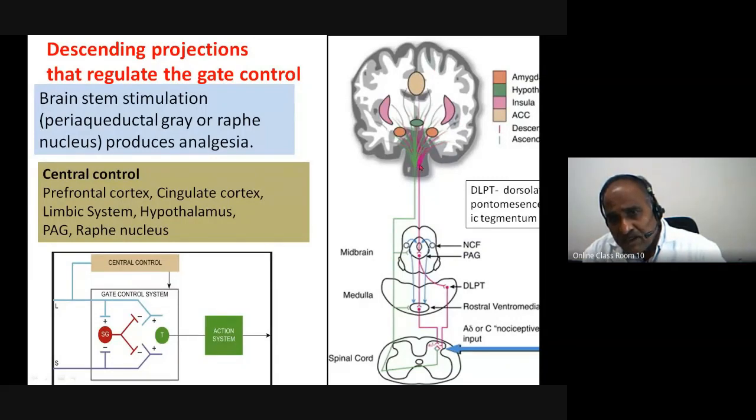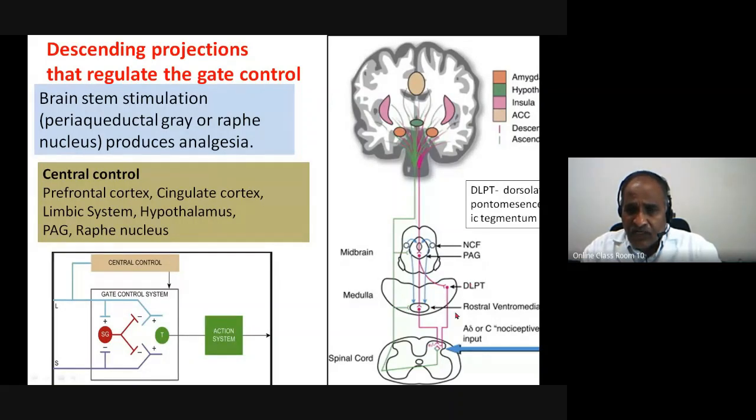Now this pink part is the descending projections. You see the descending projections coming from the hypothalamic area, from this insular cortex, partly from the anterior cingulate cortex, and all these descend down. It is a funneling effect. It funnels down to the periaqueductal gray. From the periaqueductal gray, this will be relayed into the medulla. This is the medulla here.